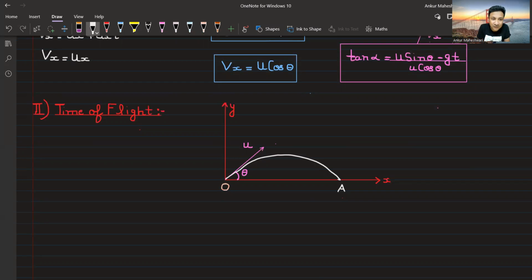Time of flight is the time taken by the body to reach from O to A. Since O and A are at the same level, it is defined as the time taken by the projectile to reach the same level from where it was launched.